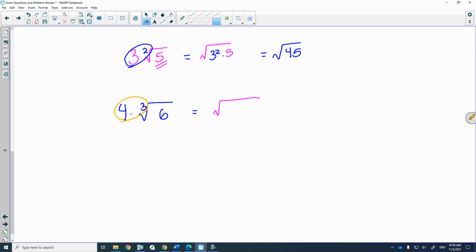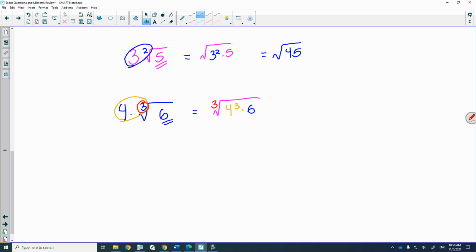This is what goes under. The 6 is already there, so it remains. I'm missing something. Do you know what I'm missing? If this is a third root, this has to stay a third root.